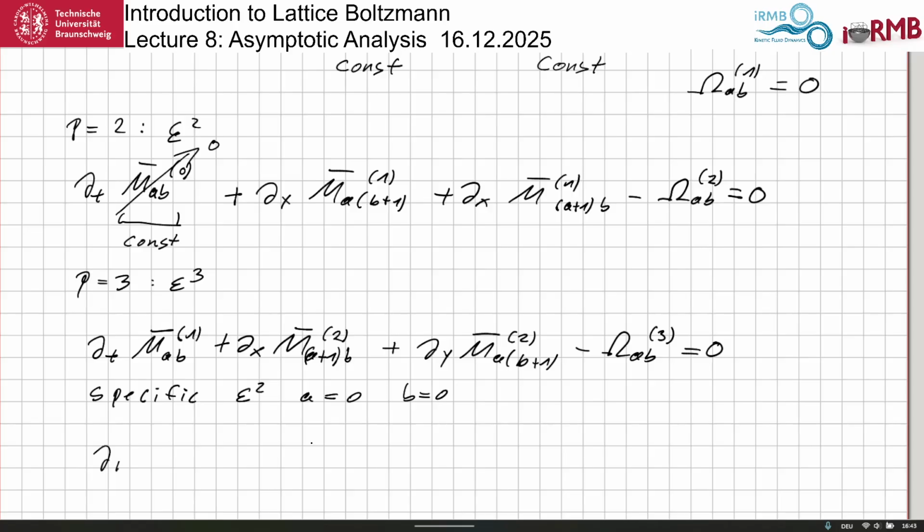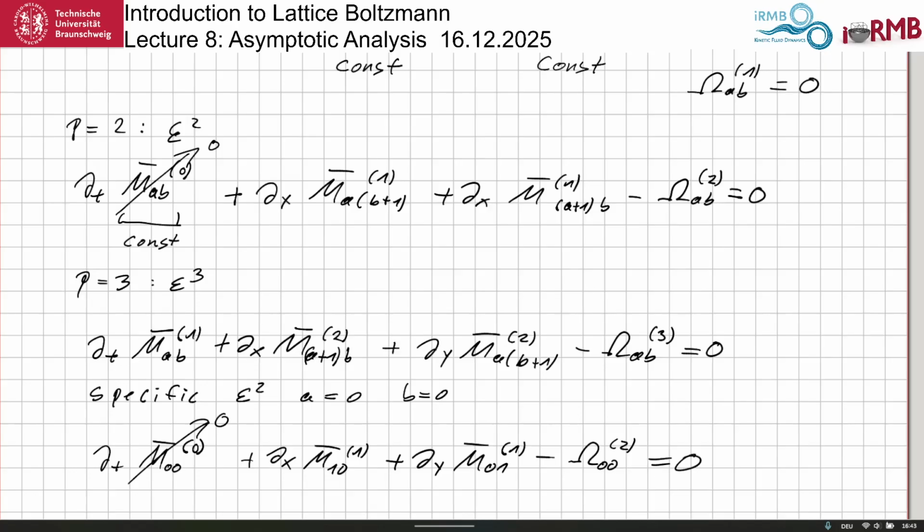So again, dt m00 to 0 order, yeah, we just say this is 0, plus dx m10 to first order plus dy m01 to first order minus omega 00 to second order is equal to 0.